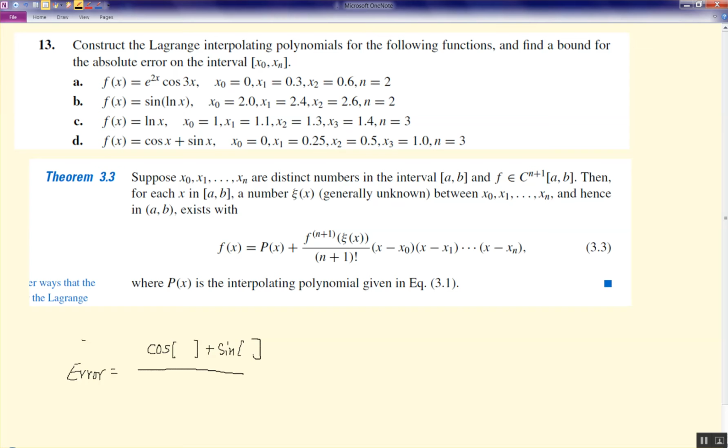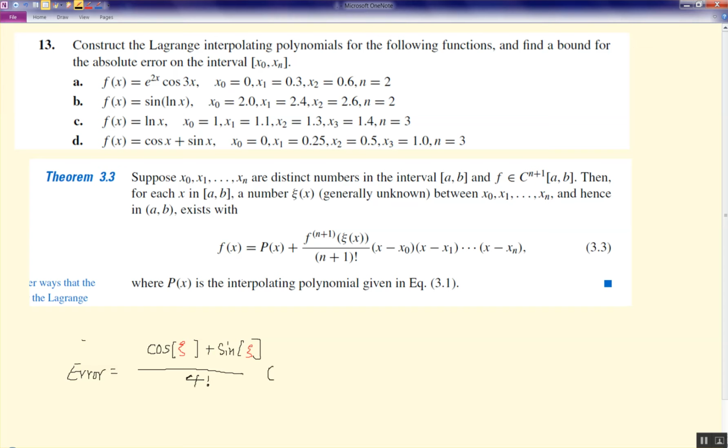I just showed you that in Mathematica. However, you don't plug in x here, you plug in xi, okay? And on the bottom, it is n plus 1 factorial, because n is 3 in this case, so it will be 4 factorial.